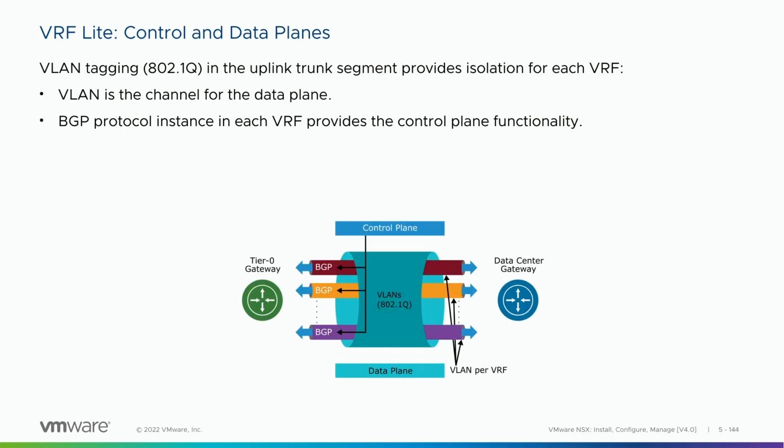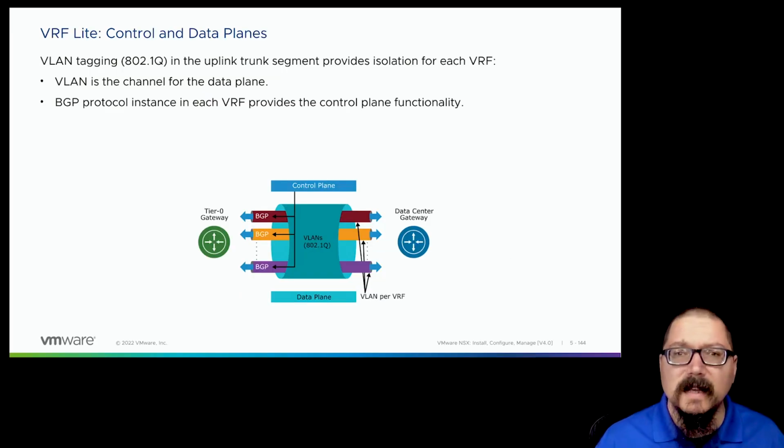Now, we talk here about VRF control and data planes, and these are not necessarily to be confused with the control plane and the data plane that we look at inside of NSX, that we attach to software-defined networking as such. What we're talking about here is meeting your network engineers in a place where they're comfortable.